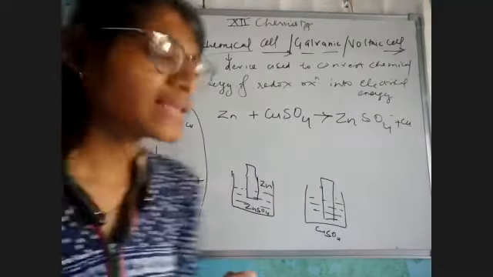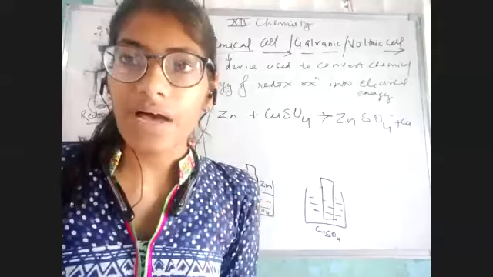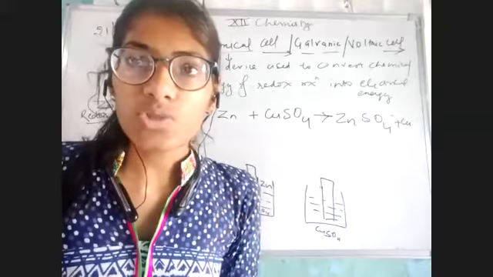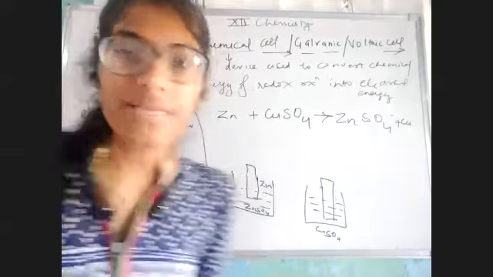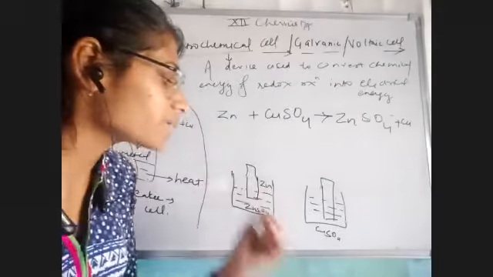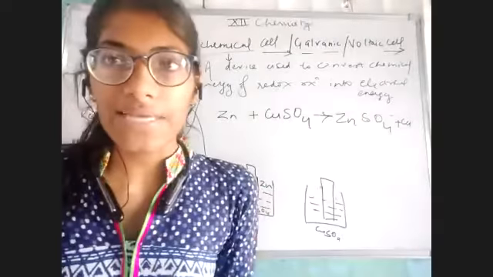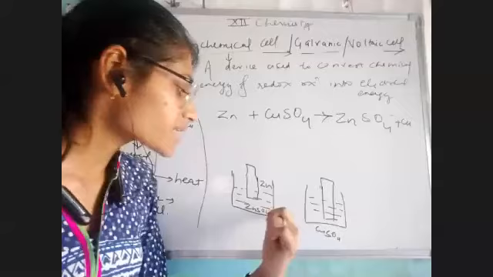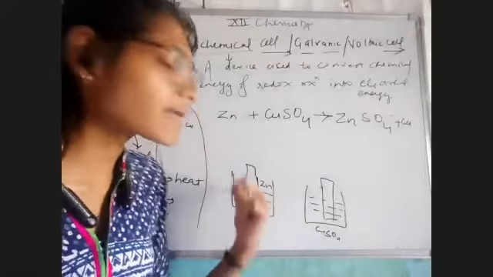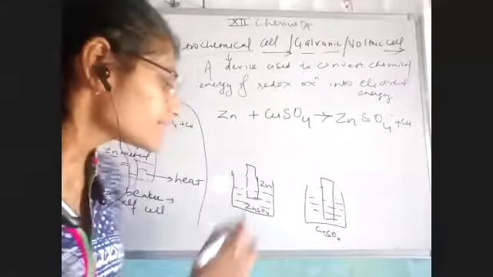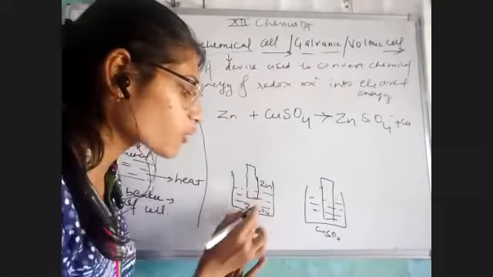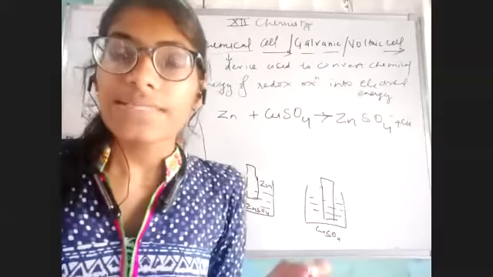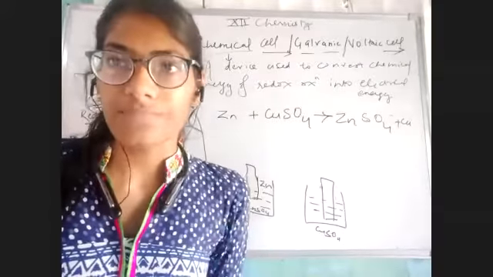And what is a half cell? A half cell is defined as a metal placed in a solution of its same ion. That means if I place my zinc metal with zinc sulfate solution, this metal is surrounded by its same ion. This is known as a half cell.